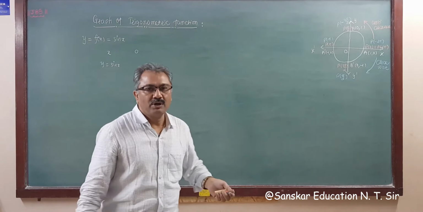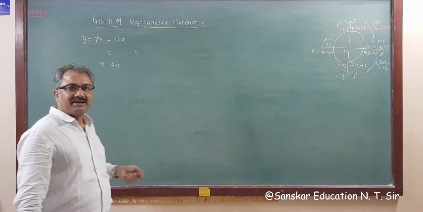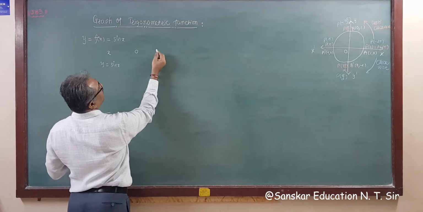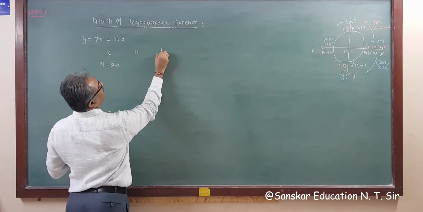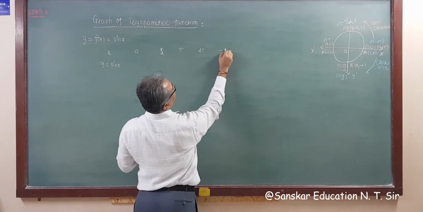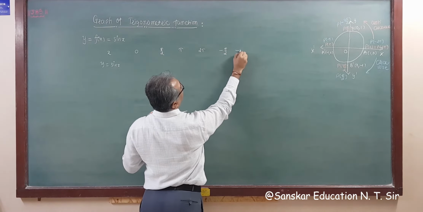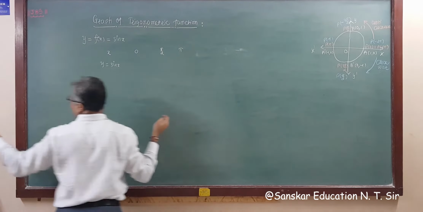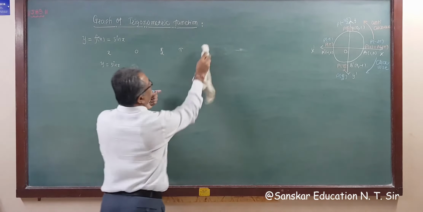So we will put all these values together and construct a table here. So we are taking 0, then pi by 2, pi, 2 pi, and minus pi by 2, minus pi. Okay, we forgot 3 pi by 2, so I'm writing 3 pi by 2 also, right?